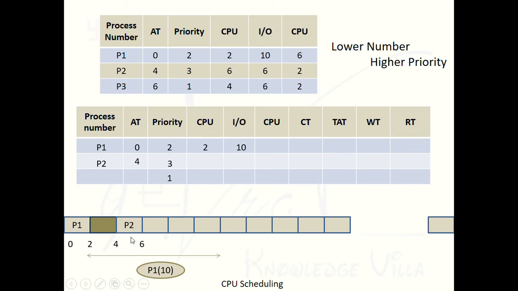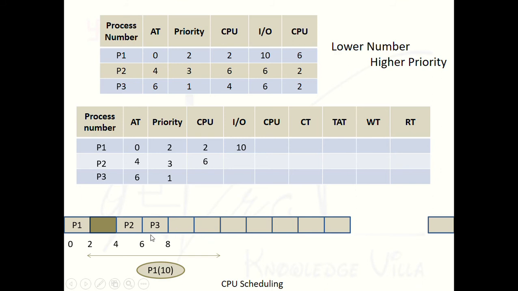Get it? So right now the arrival time of process P3 is 6 time units, so P3 will get the CPU. Done. And P3 will execute. Get it? We are allotting the CPU for the first 2 time units, up to 8. P1 will reach again at time unit 2 plus 10 equal to 12, so there is no need to wait for P1.